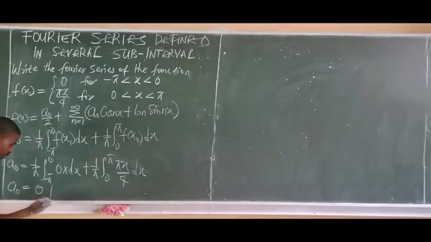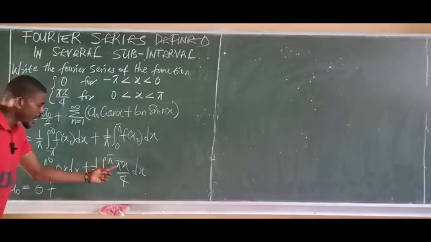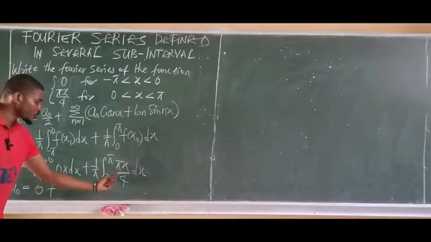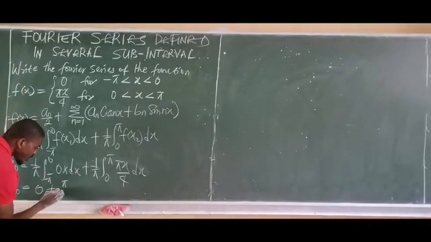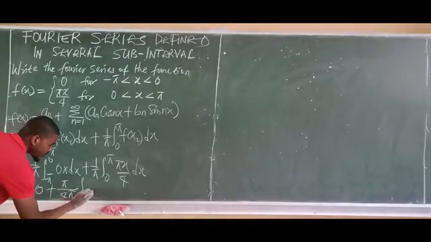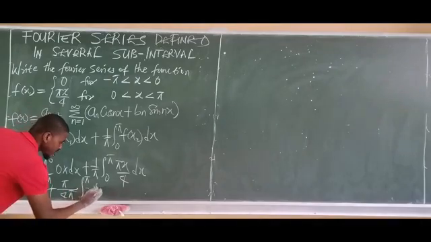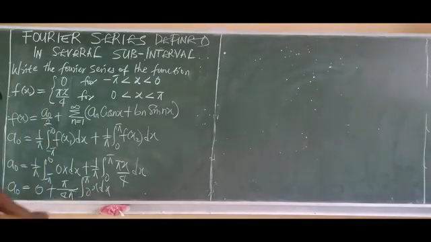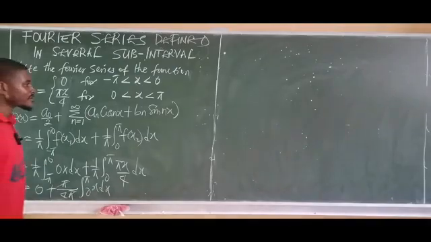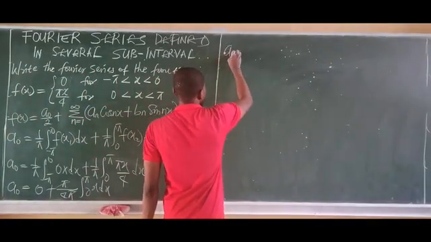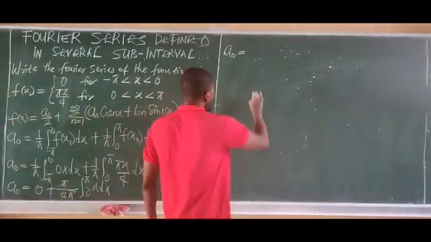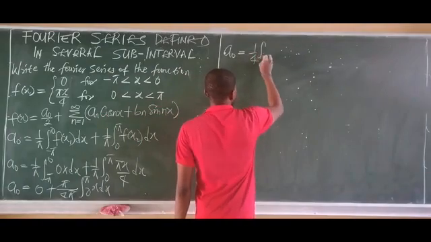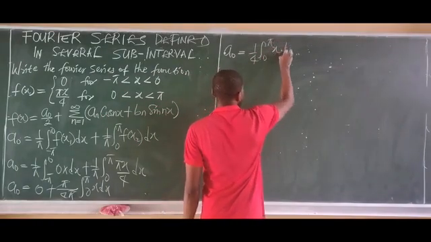So I have 0 plus, here pi is a constant and 4 is a constant, pull them out. This becomes pi all over 4 times 1 over pi, integral from 0 to pi of x dx. So from here, of course, pi can cancel pi. That means my a naught is actually, this is now 0, so this integral is off. This becomes 1 all over 4 integral from 0 to pi of x dx.